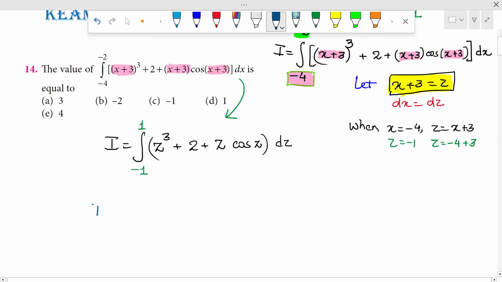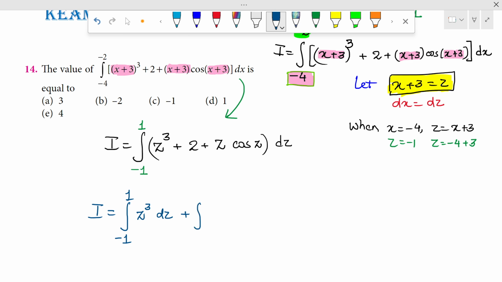That means I have changed this integration to this form, right? Now if you look here, by the property of integration, we can separately write them like this: minus 1 to 1 of 2 dz plus minus 1 to 1 of z cos z dz, right?